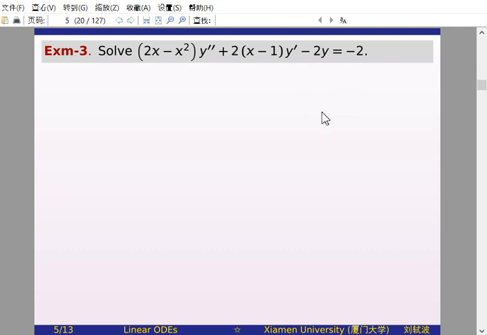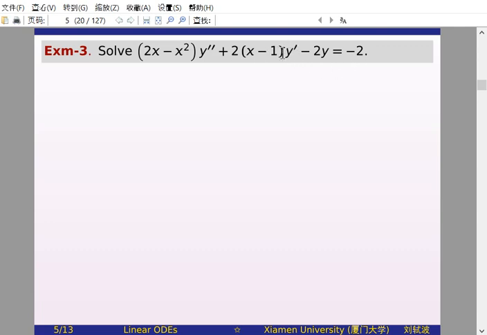But can we find some slightly complicated one? Because all the coefficients are polynomials of x, so we consider a polynomial of x. We don't want to consider a very high order polynomial. For example, we consider a first order polynomial, that is y equal to x. How about x?